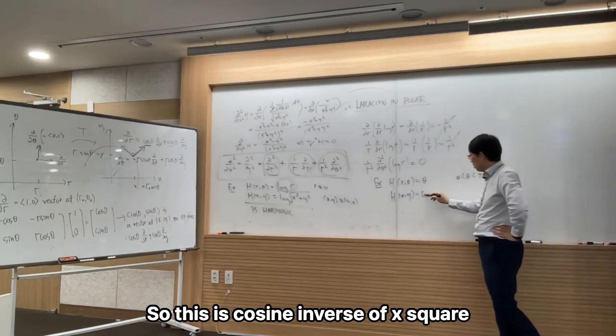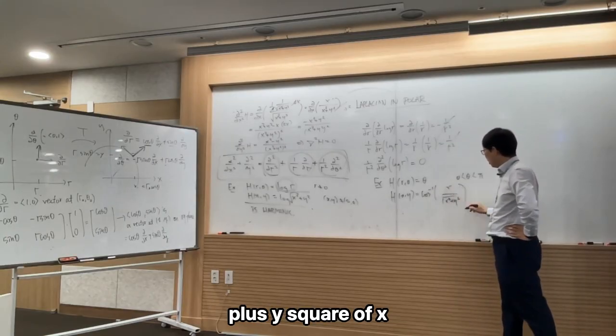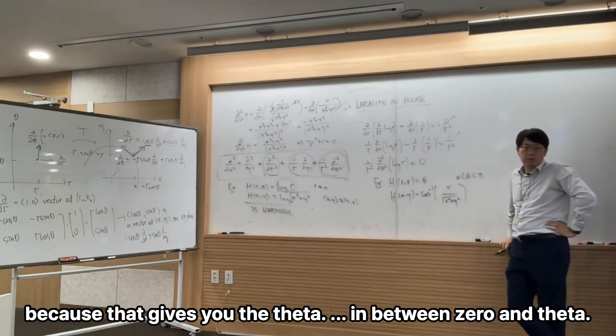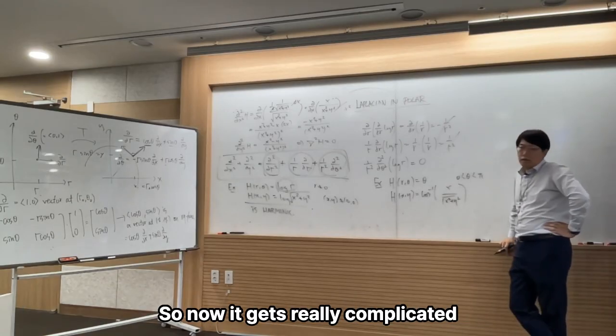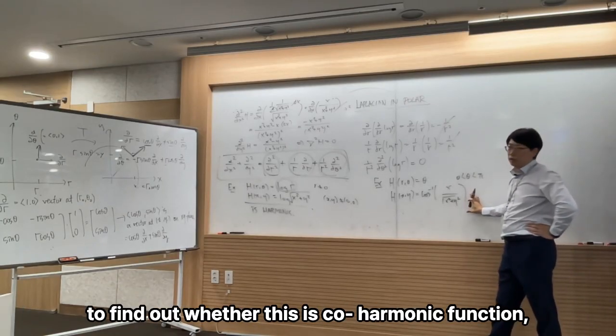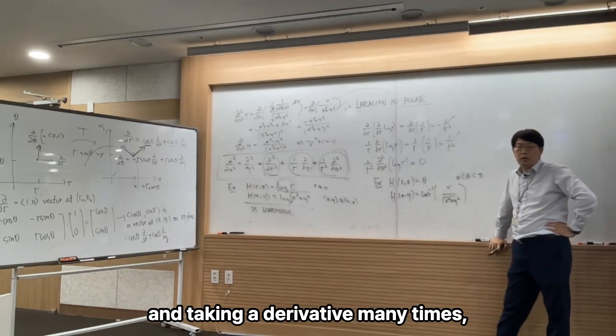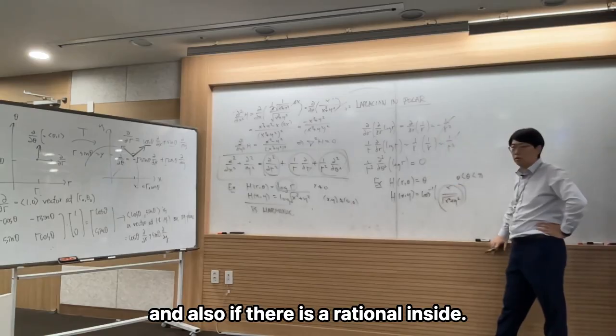So this is cosine inverse of x over the square root of x squared plus y squared, because that gives you the theta between 0 and pi. So now it gets really complicated if you want to use this formula to find out whether this is a harmonic function, because now it has an arc cosine, taking a derivative many times, and also there is a rational expression inside.